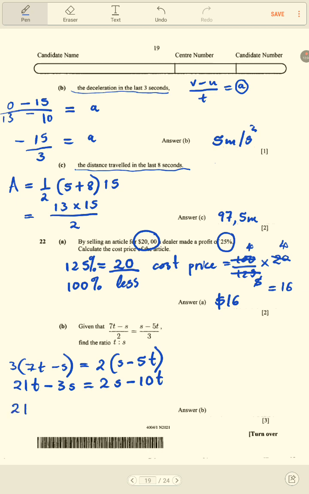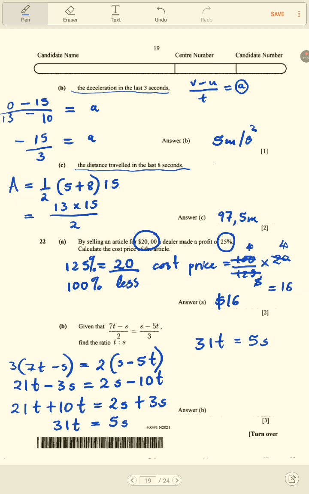And we can take the t's to the left hand side. We're going to have 21t plus 10t equal to 2s plus 3s. 21 plus 10, you are going to get 31t equal to 5s, right? So this is 31t equal to 5s, like that.